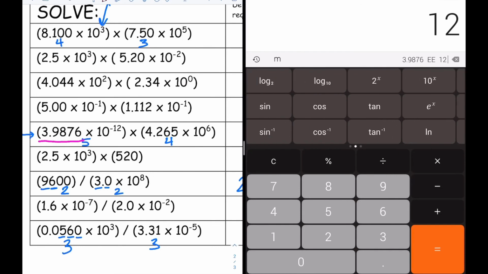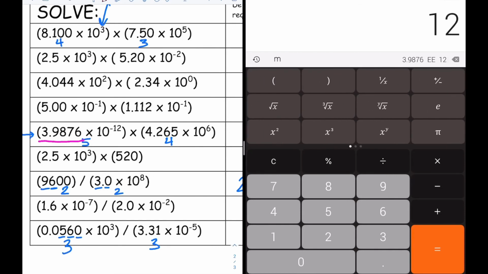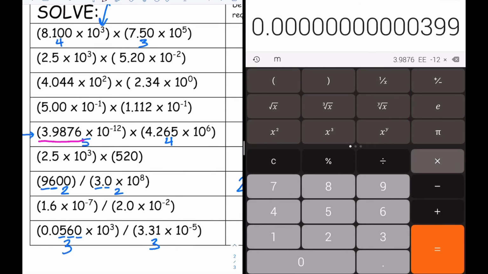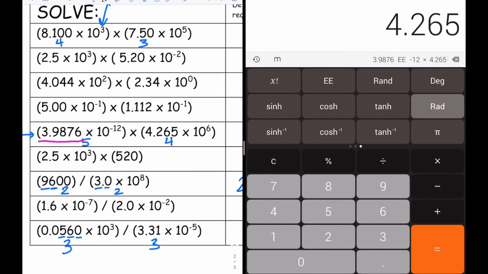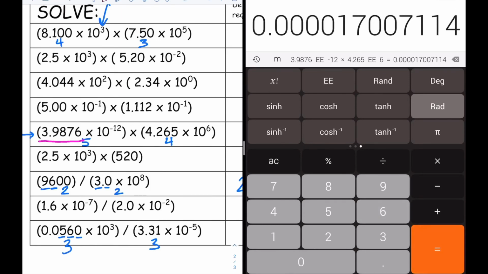So you got to look for that plus minus symbol. Okay. Times 4.265 exponent 6 equals. Okay, so that's a really small number.